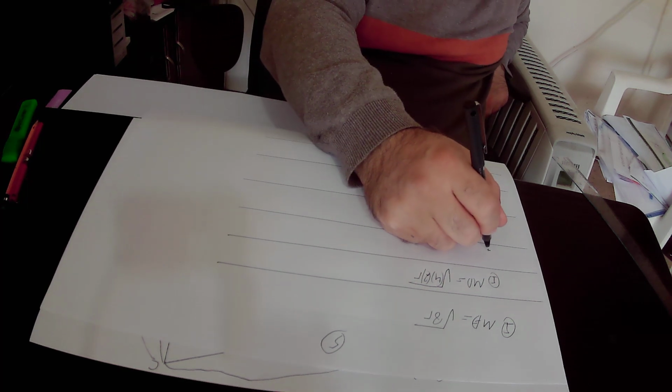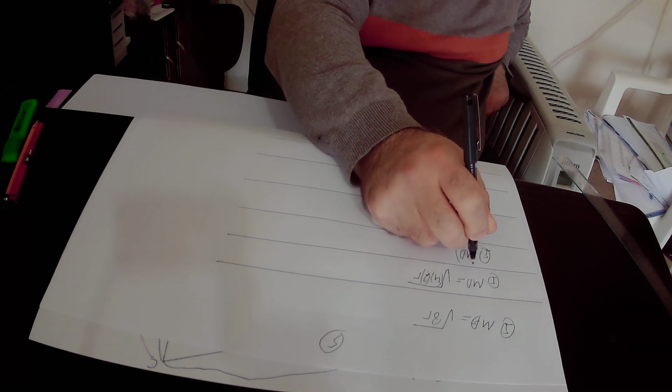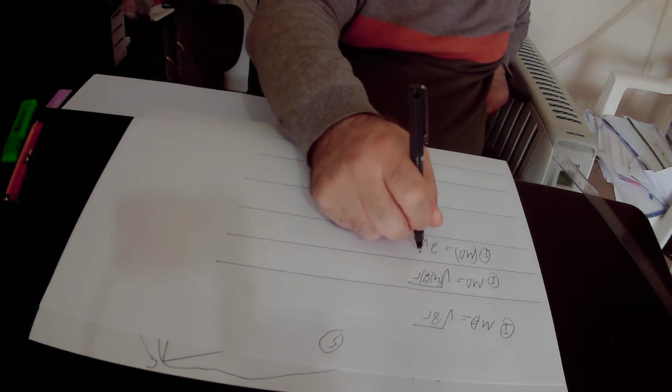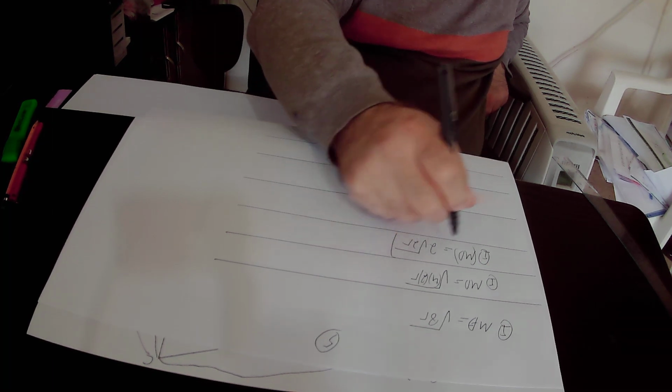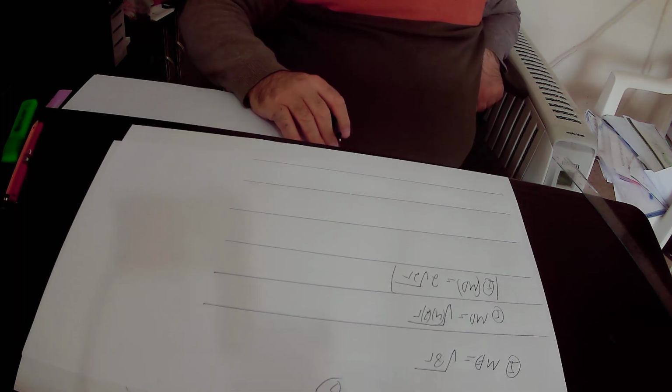MD equals 2 times the square root of 2R.